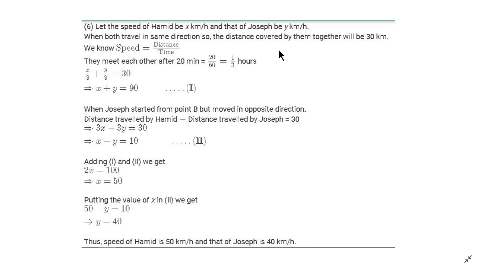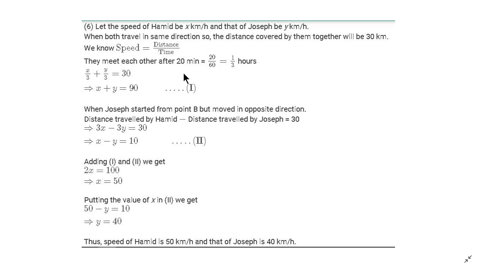After 20 minutes they meet at one point, means they covered the distance 30 kilometer, right? 20 minutes is equal to 1 by 3 hour, right? 20 upon 60, 20 minutes is converted into hour. Why are we converting into hour? Because we assumed kilometer per hour, so we have to keep it in one unit. So we convert the time from minutes into hours.